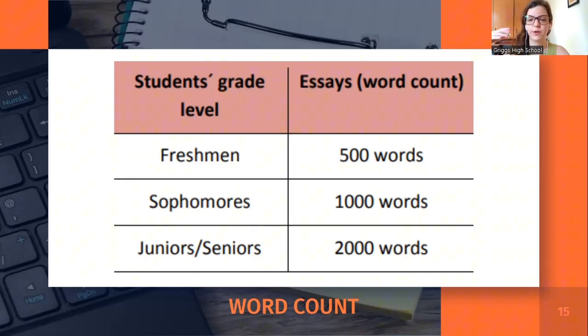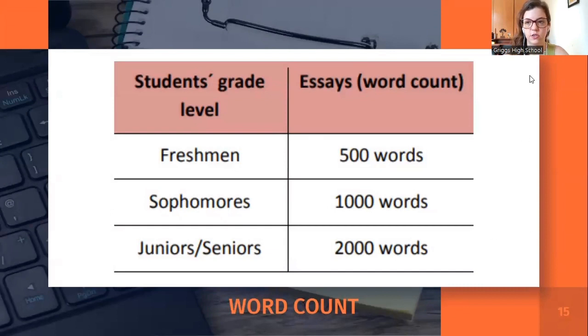So even though they were older, more experienced with better English, already in the third year of high school, they had to write 2,000 words. And that's quite a lot and quite challenging for them. But that's how we go. So if you have any questions about type of essay, word count, just check the essay guidelines.